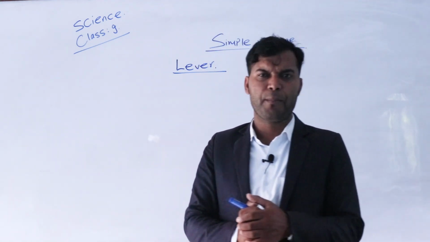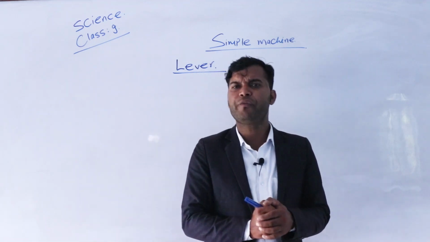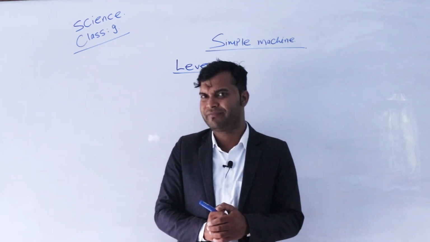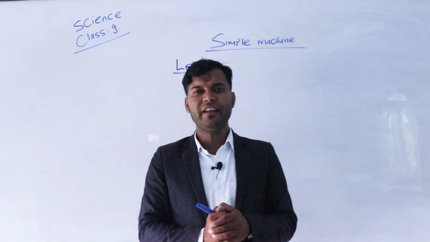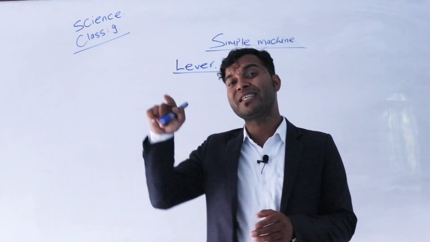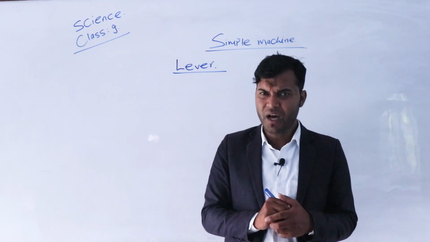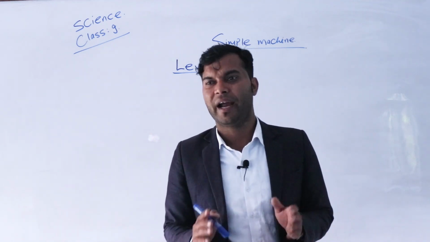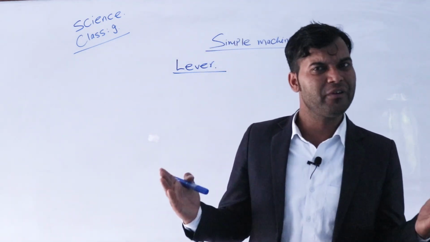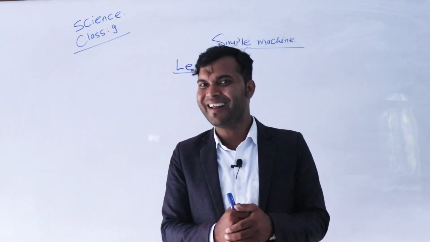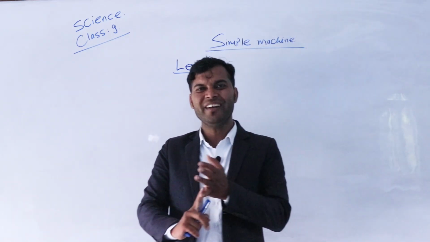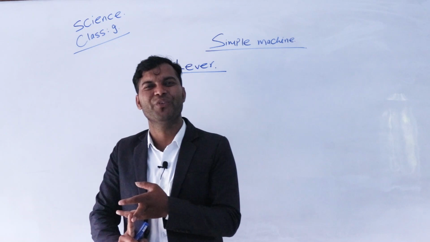The fixed point of the rigid bar is called the fulcrum. And the remaining one, the output thing, is called the load. Effort, fulcrum and load. Hope you are clear.